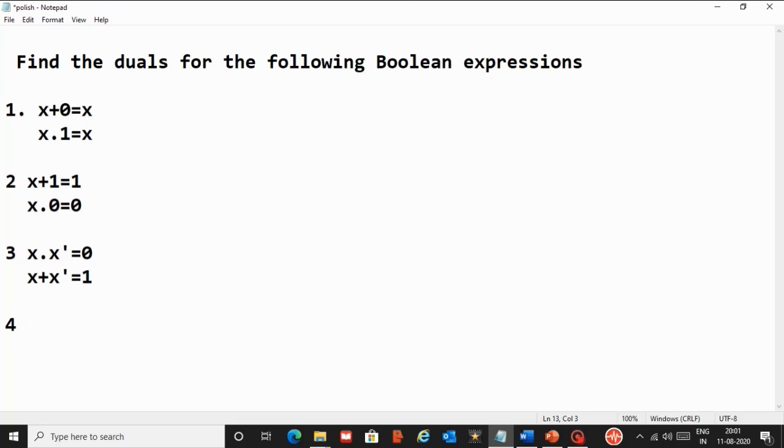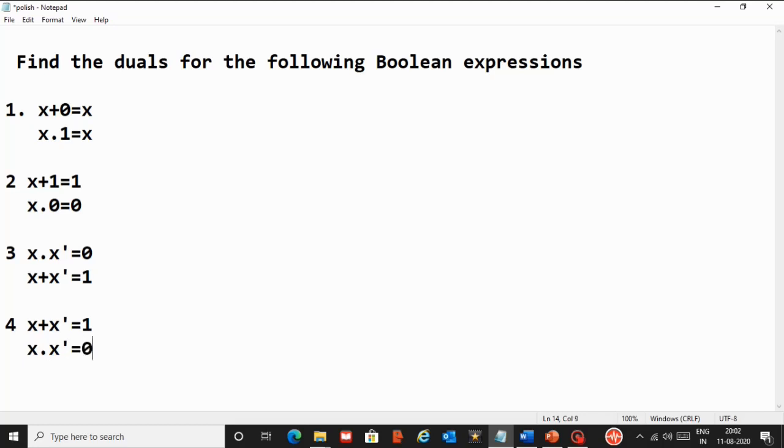Next is the fourth one. x plus x bar is equal to 1. So I need to find the dual of it. x remains as it is. Plus becomes dot. x bar remains as it is.